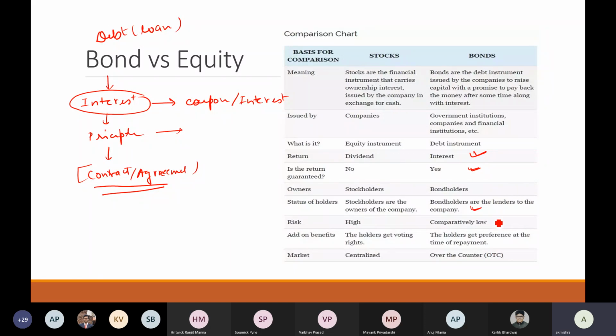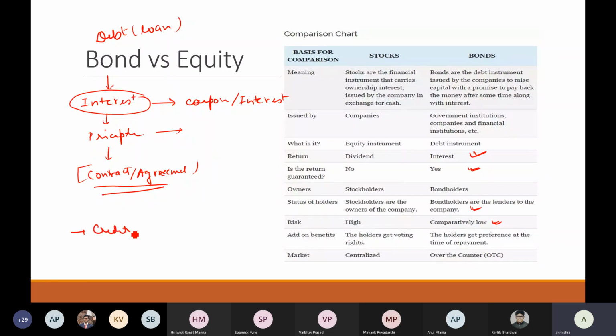And in terms of risk, it is low, because as per the guideline, whenever a company is going to be liquidated, first the banks and debt providers or creditors get preference. So in case of bankruptcy, who will get paid first?